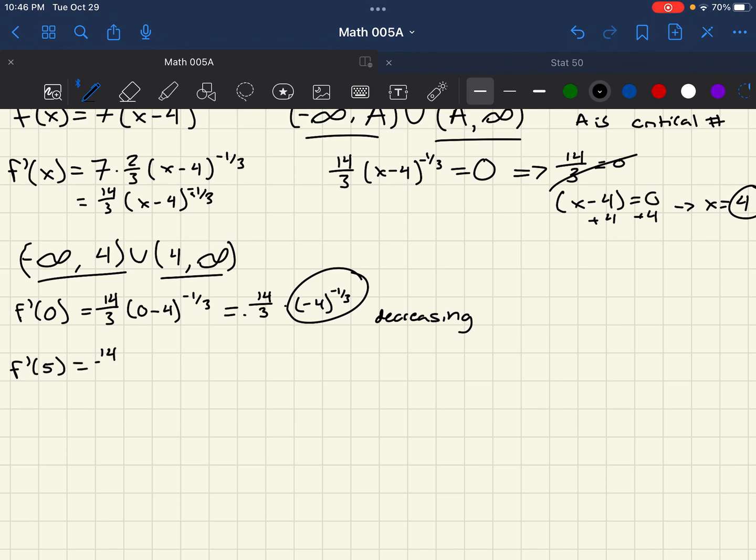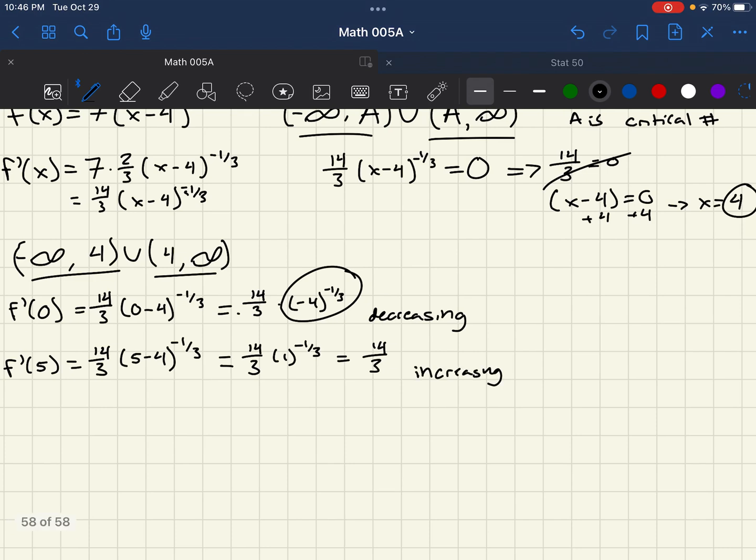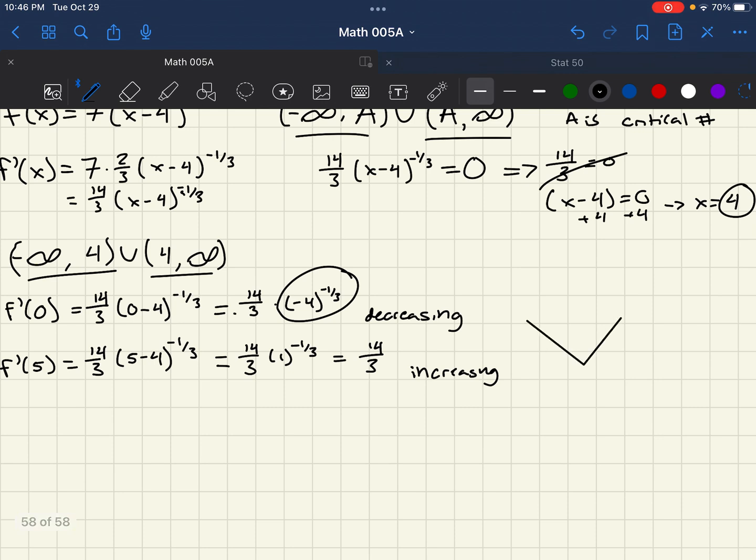That's going to equal 14/3 times (5 minus 4) to the negative 1/3, and that equals 14/3 times 1 to the negative 1/3, and this simplifies to 14/3. So from 4 to positive infinity, it's increasing. So we can tell that this graph is going to look something like this. It's going to go decreasing, then increasing.